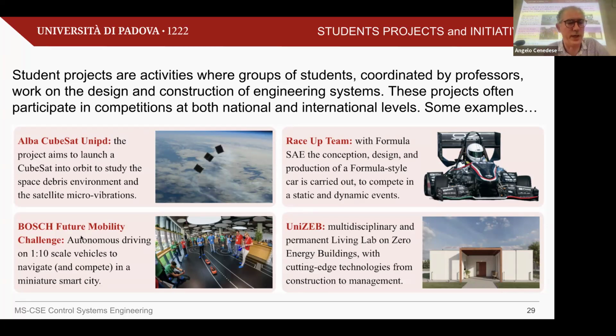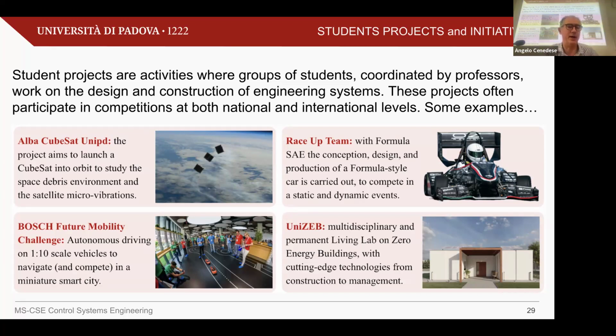This is our own project in the sense that since 5 years ago we started to attend this challenge, and we are doing pretty well. It is an autonomous driving challenge starting in November, ending in May. It is an international challenge, and students are designing algorithms for autonomous vehicles.